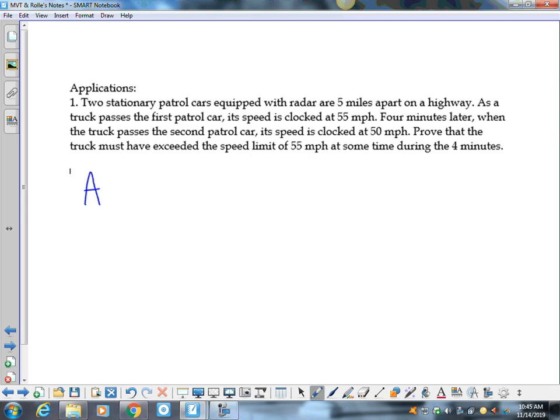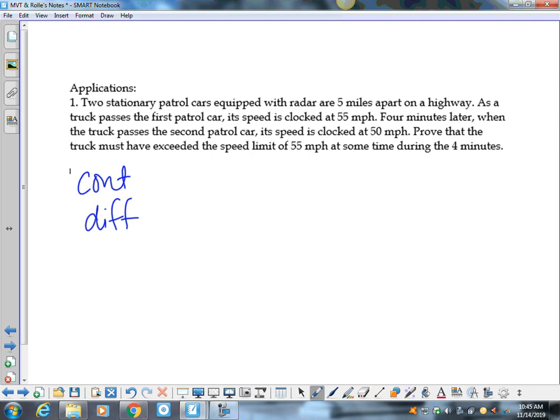So the first thing I'm going to find, well, let's back that up. I need it to be continuous and differentiable.